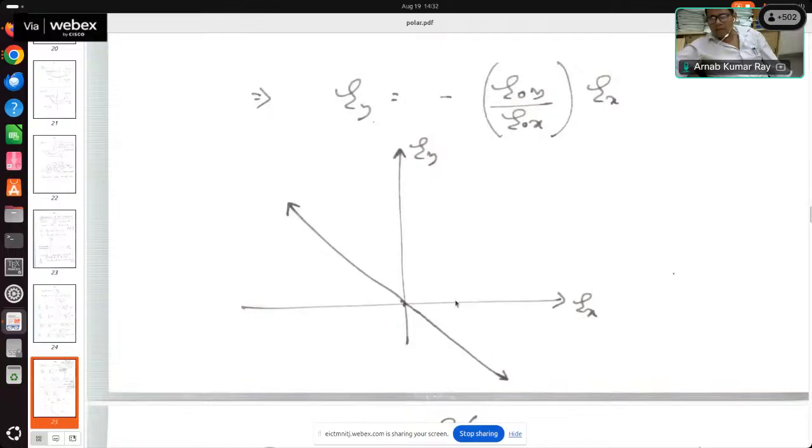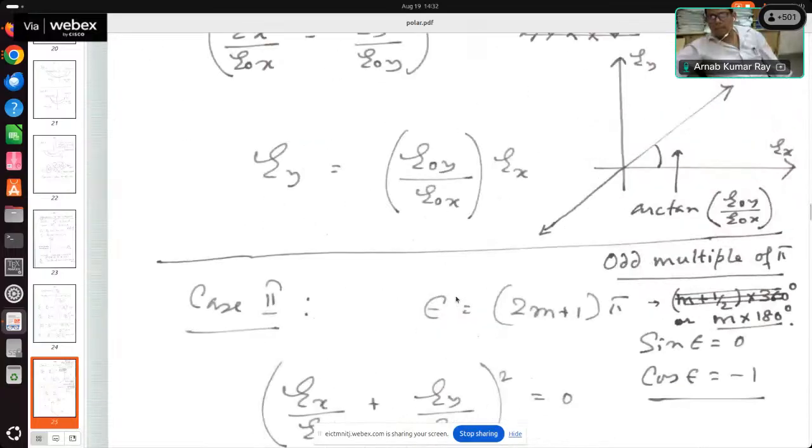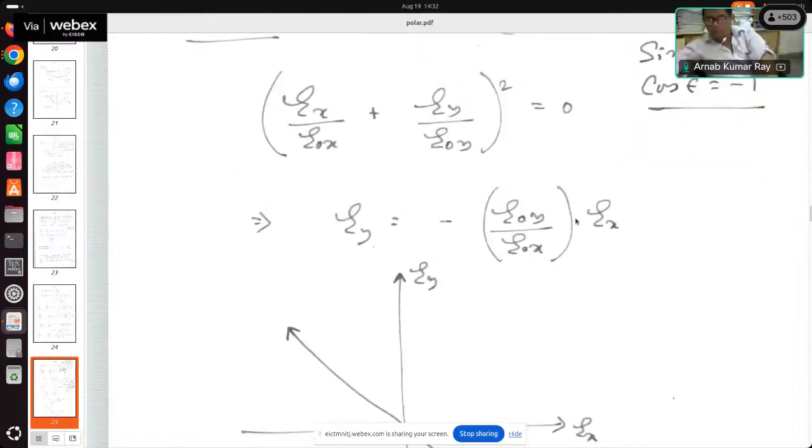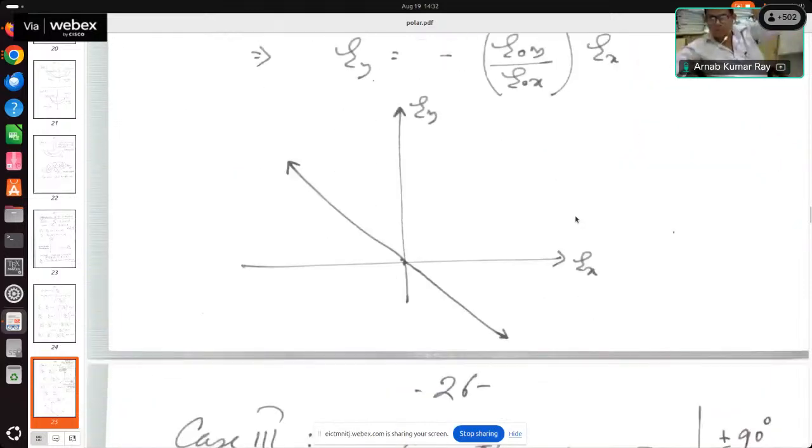Earlier, in case one, it was the equation of a straight line passing through the origin and lying in the first and third quadrants. Now you have the equation of a straight line passing through the origin, lying in the second and fourth quadrants. So you have two cases so far discussed.